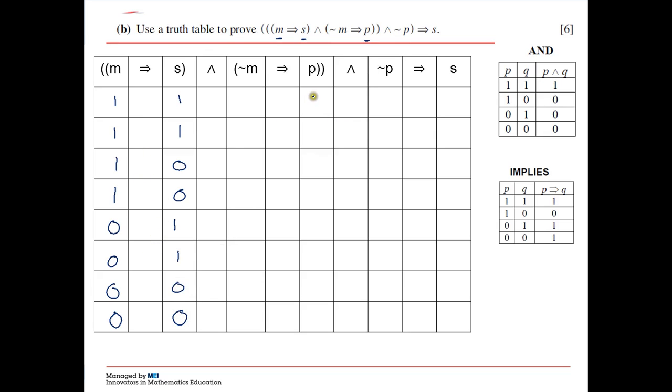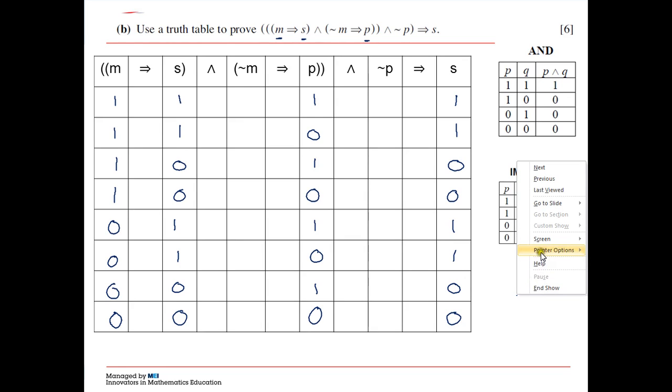And finally with the P, that's going to be 1 0 1 0 all the way down. And I notice I've got an S at the end here, so I can fill this one in with my S variables. And that's the first stage, if you like, of the solution.